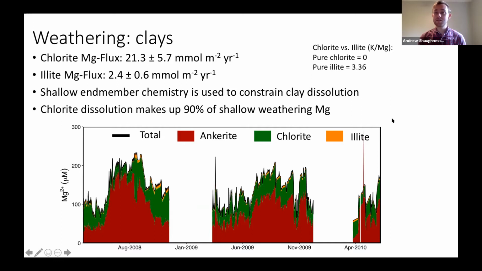Other studies have looked at the shallow groundwater at Shale Hills and noted that the water in the shallow groundwater wells is indicative of chlorite dissolution rather than illite dissolution. When we look at our data, we see that the shallow weathering flow path is 90% chlorite dissolution magnesium versus 10% illite, which is again consistent with the shallow groundwater chemistry that has been investigated before.